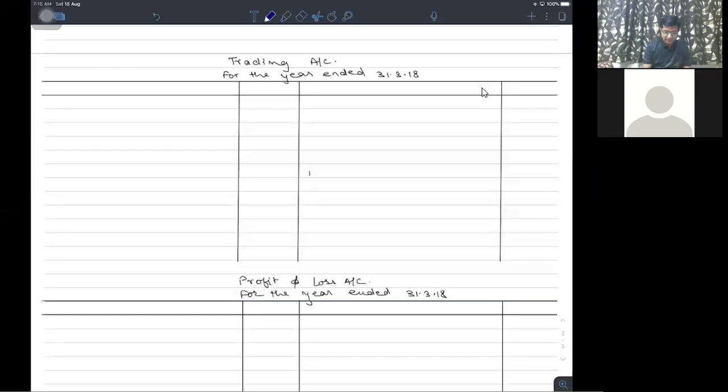So trading account credit side, by closing stock at 40,000, and at the same time in the balance sheet on the asset side, closing stock, we also write that as stock in trade because that's the stock available for trading. That's why we call that stock in trade.